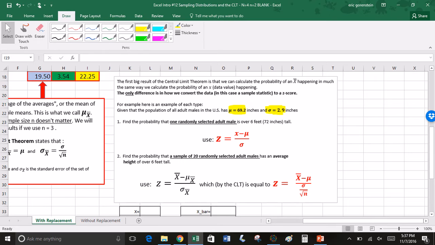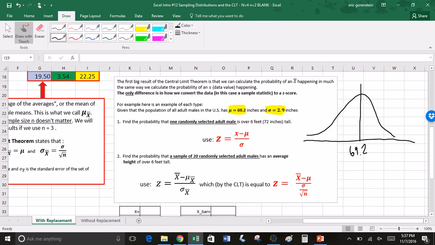So the first question is: find the probability that one randomly selected male is over 6 feet tall. That's 72 inches. And we know that the heights are normally distributed with a mean of 69.2. So this is what we did in the previous topic.